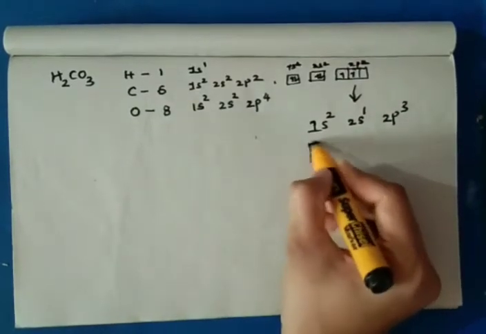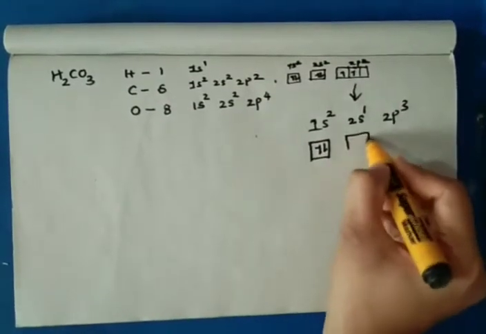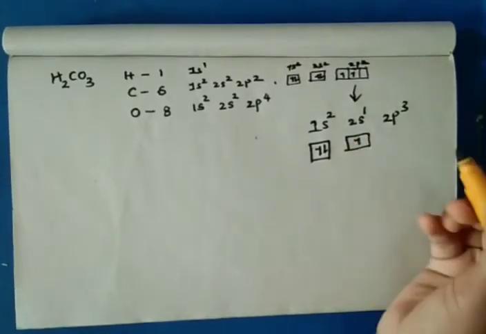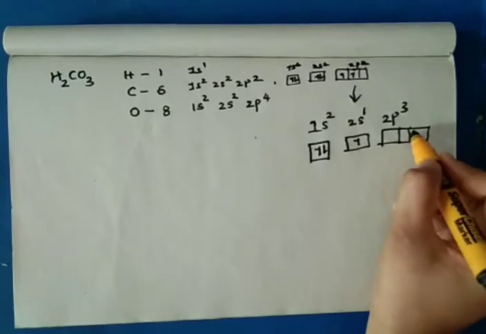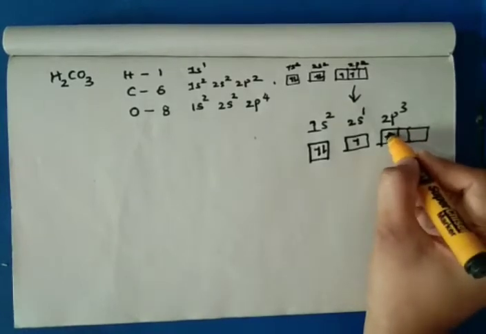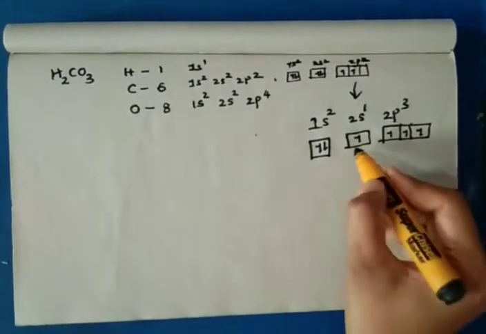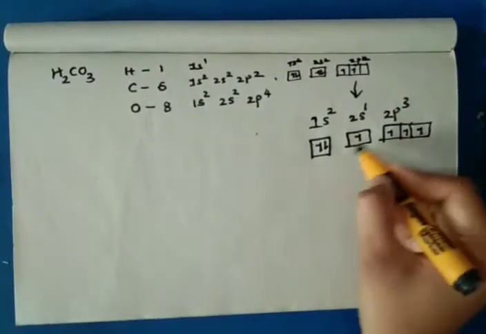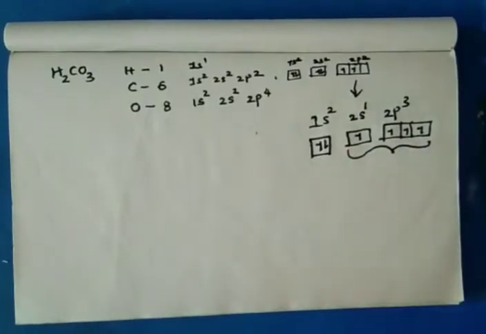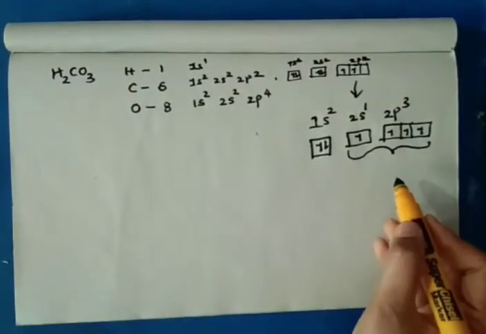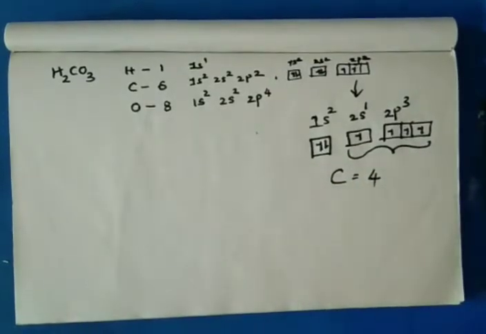In the s orbital there is a single electron, and in the p orbital there are 3 electrons. So overall there are 4 single electrons. That's why carbon valency is 4.